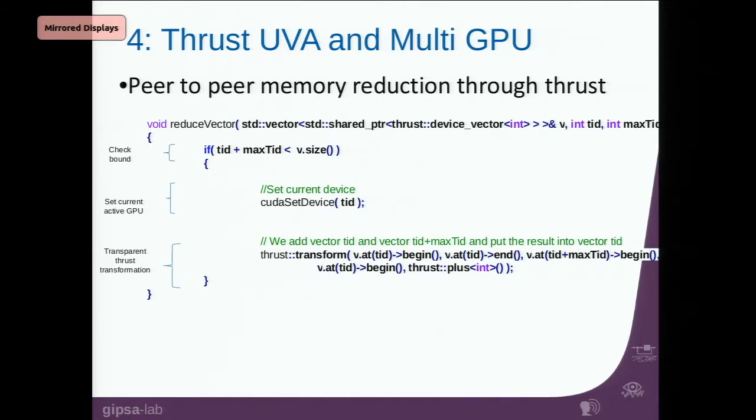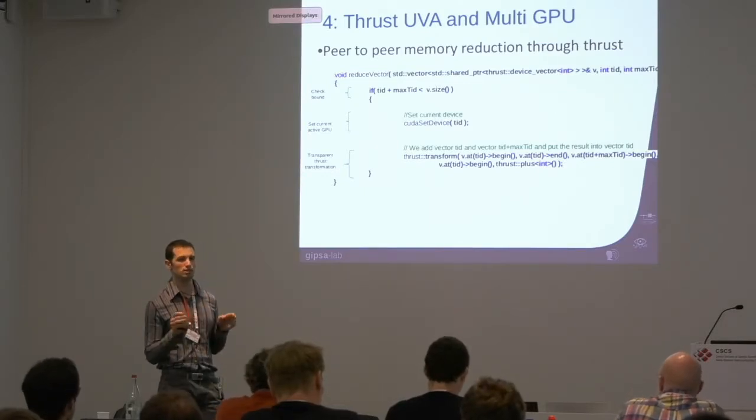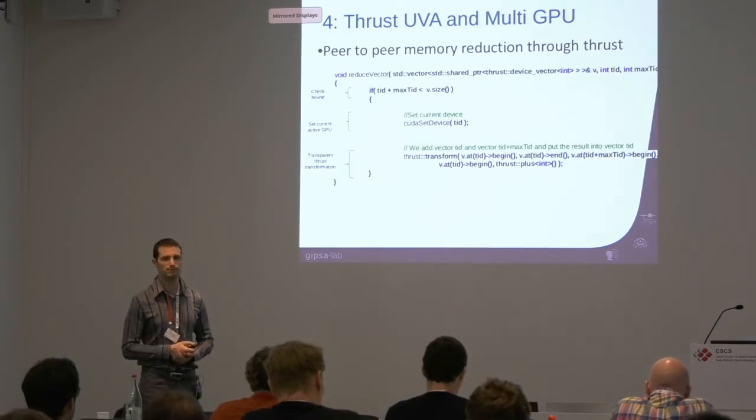So nearly everything is compatible with doing multi-GPU, but it is not as easy as just using reduction and it does all the things for you, but you can do that.